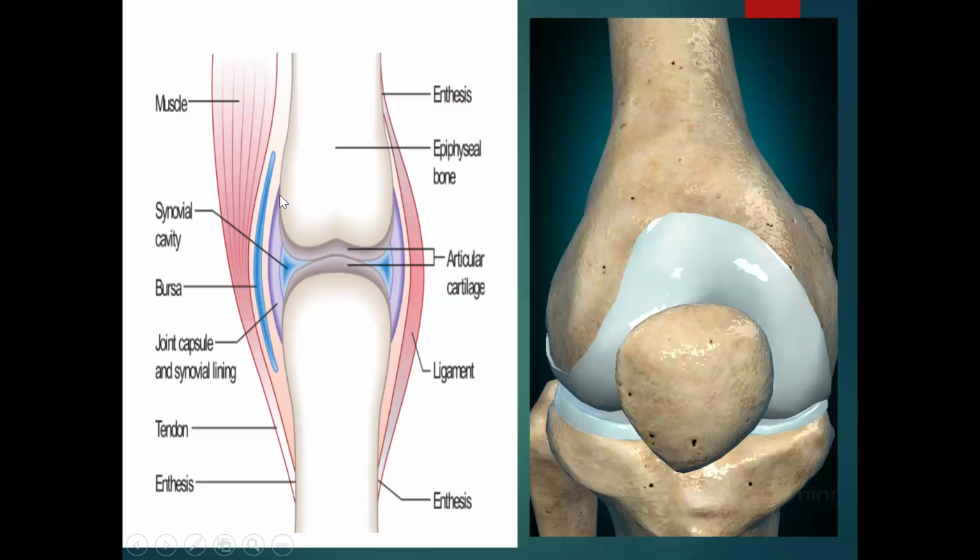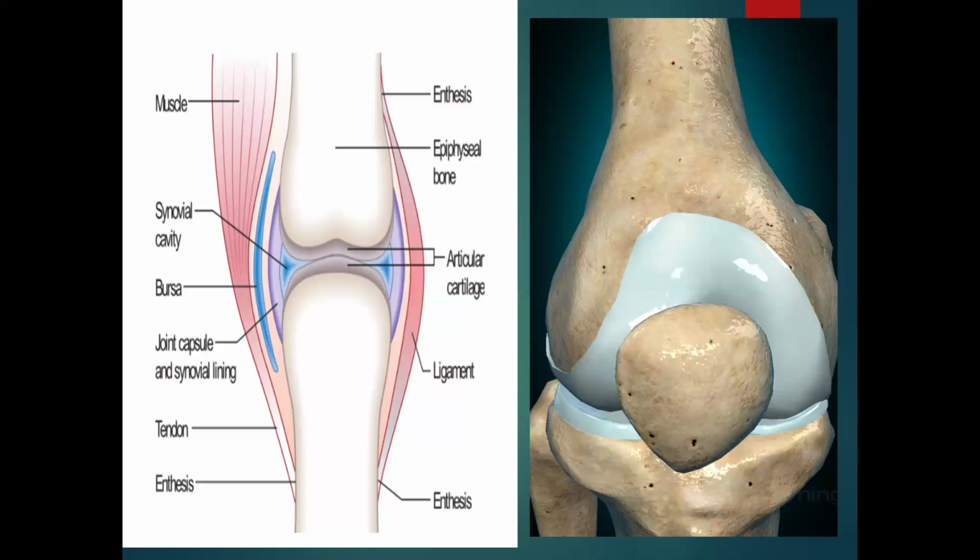This is the joint capsule. This is the joint. What encloses this joint is absent in this photo here. It's what encloses this structure here. So the joint capsule is a fibrous structure that surrounds and encloses the joint. As you see, it encloses these joints here and also these joints here. So what's the main function?